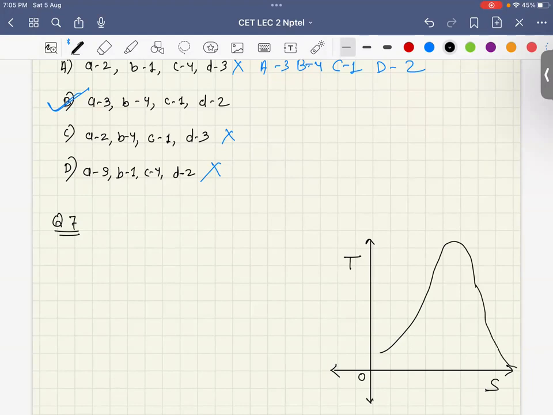Let me use a different color. This one you can take as a homework question.